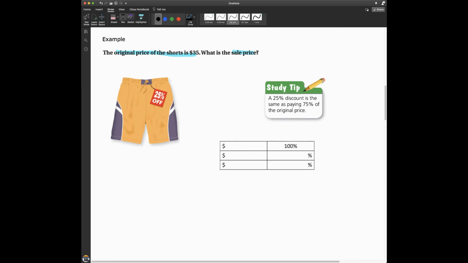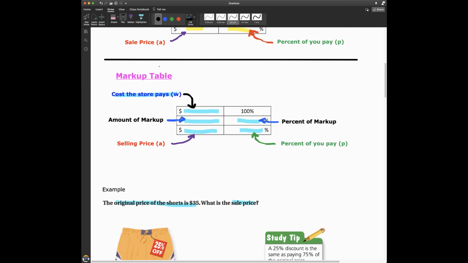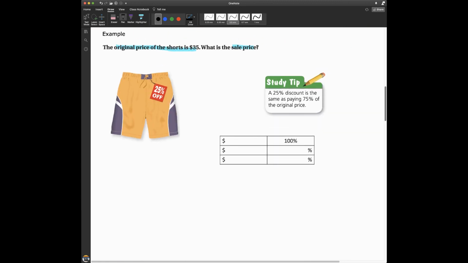One of the things from the table that I didn't really make a point of is that in certain places in the table, we can see that we have the parts to the percent equation. The whole always goes up here, part down here, and the percent here. So I didn't point that out earlier.